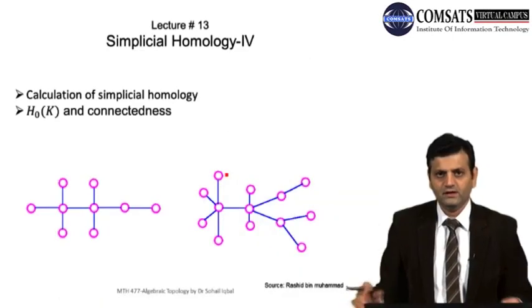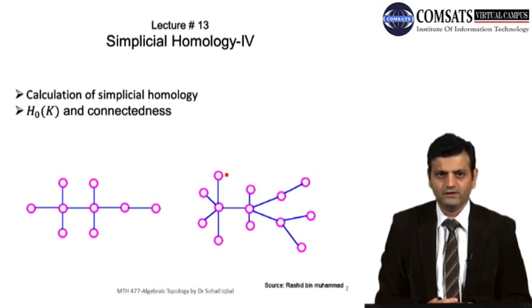In the last lecture we saw some examples and how to calculate the simplicial homology in non-trivial examples. We also observed a simple observation about calculating the simplicial homology of a simplicial complex.